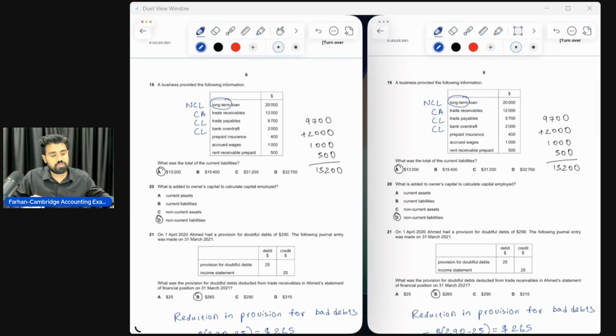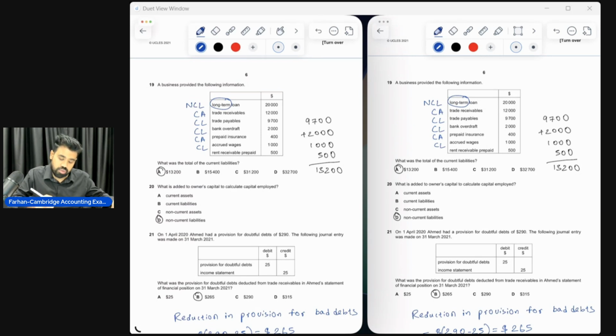Bank overdraft refers to withdrawal of funds for emergency purposes by the business, but this amount must be paid back in the next 12 months. Therefore, it falls within the classification of a current liability. Prepaid insurance, current asset. This is an expense paid for in advance for the next financial year. Accrued wages, current liability. Your staff or your employees, they have actually done their job and worked for you, but you owe them money. So that is accrued wages.